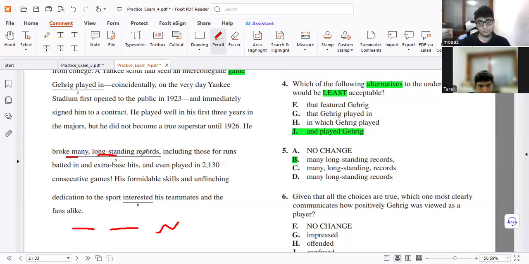Between the adjectives, whatever the number, and between the adjective and the noun, we don't need any punctuation. So that means C is wrong. And here "many" does not come after, so wrong. Check B or D. Look, present participle phrase, complete sentence, comma, present participle phrase. Is this comma necessary, Tarek? Yes. So that means D is wrong.